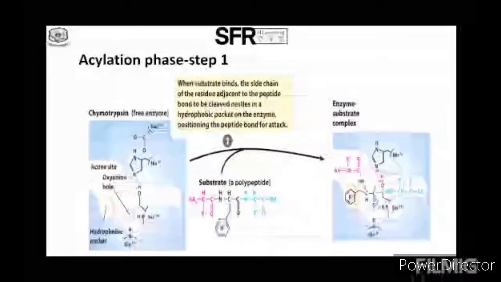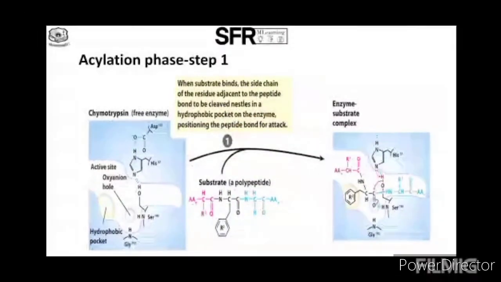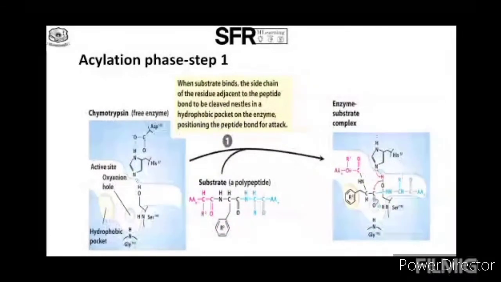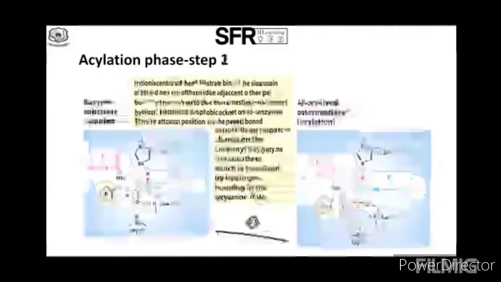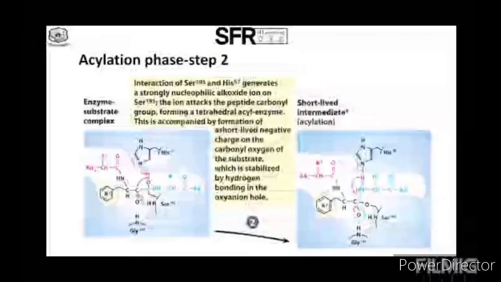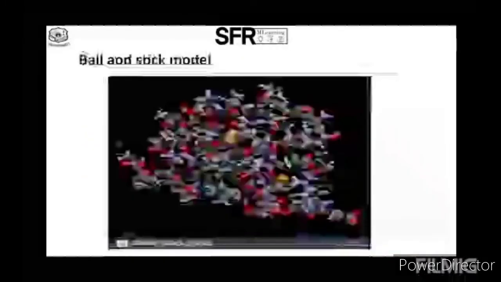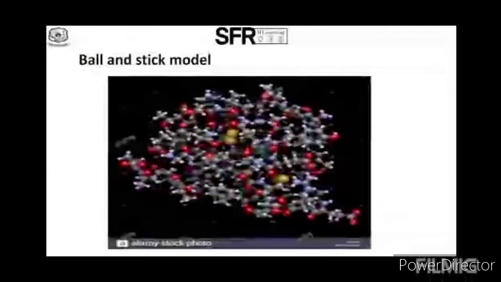So totally the first step is the acylation, and then it is deacylated to form the amino group. Once again, the mechanism is given in these two steps. So this is the total action of the enzyme chymotrypsin.